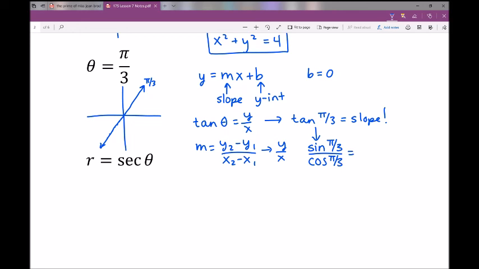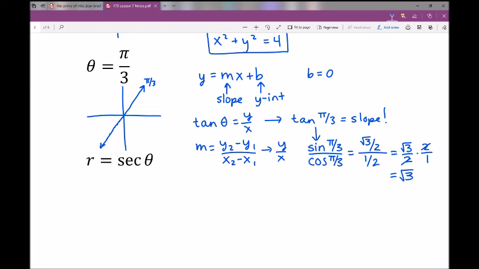So the sine of pi over 3 is the square root of 3 over 2, and the cosine of pi over 3 is 1/2. So if we divide these two fractions, we get square root of 3 over 2 times 2 over 1, which makes the 2's cancel, and so we get that our tangent is the square root of 3.